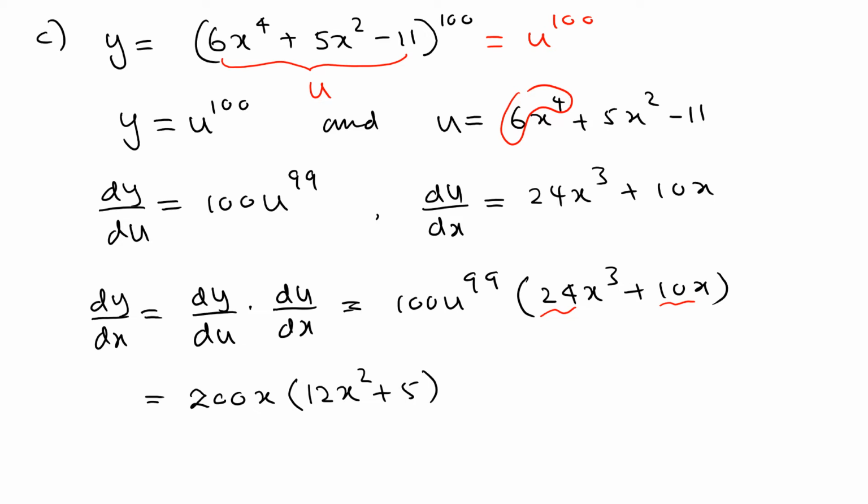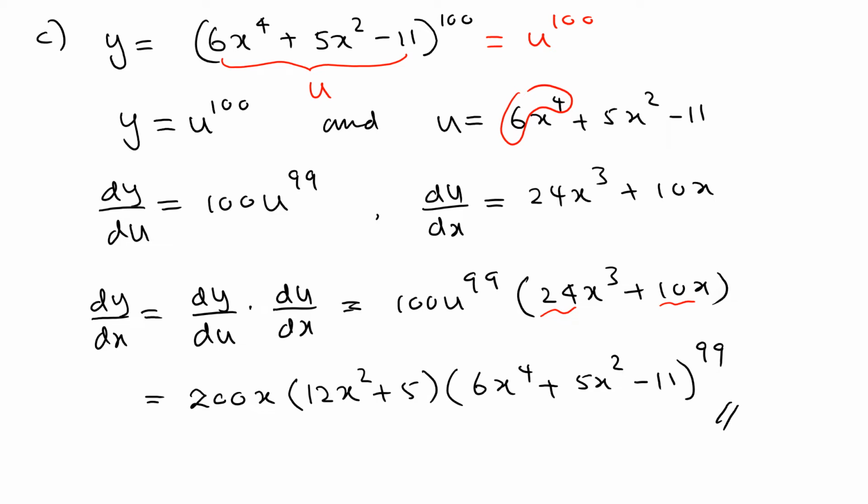That's what you get. And then we have the u term, which is 6x to the 4th plus 5x squared minus 11, to the 9th power. So that is the simplified form of the final answer.